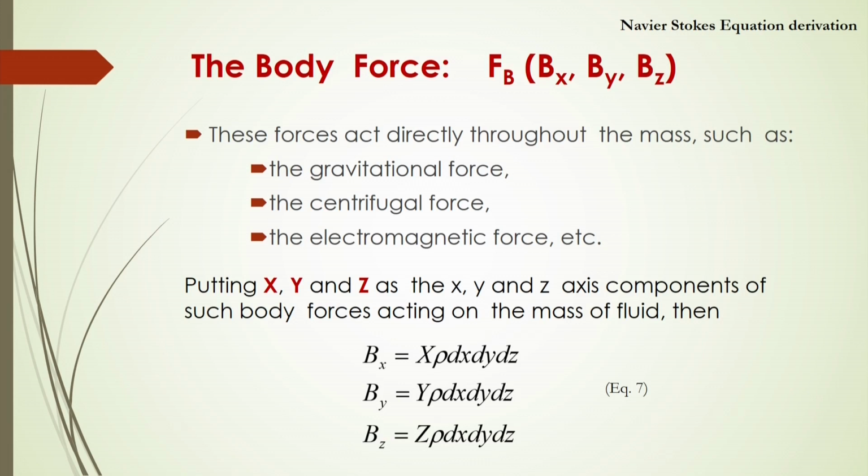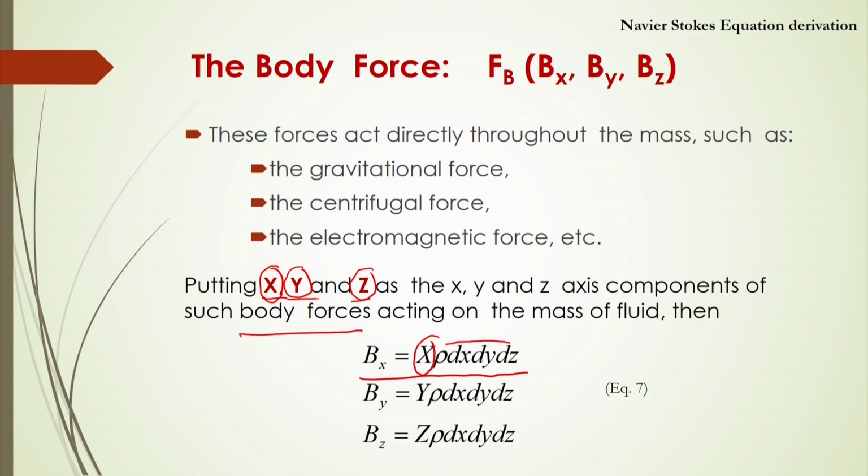This force acts directly throughout the mass, such as the gravitational force, centrifugal force, or other types of forces, electromagnetic force, etc. Now, if we substitute X, Y, Z as the x, y, z axis components of such body forces, then the body force b x can be represented as X into rho dx dy dz. So, this will be your body force in the x direction.